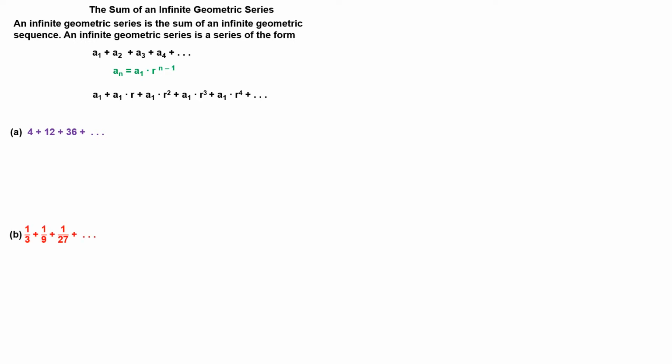In the A series, the first term is 4 and the common ratio is 3. Let's find the 6th term, the 10th term, and the 12th term.